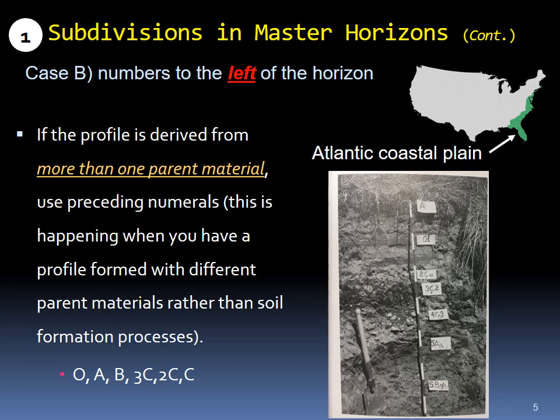In a normal case, we have A, B, C, for example. And these A, B, C horizons are formed because of the soil formation processes and factors. In the current case, you would see that you have AB, and then you might have also another AB, but you would have numbers to the left.